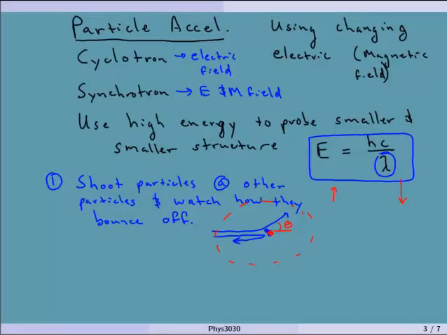The other way, which is sort of way more fun and a neat way to think about them, is that you can shoot them at each other. Okay, and it actually doesn't matter whether one is stationary or both are stationary. You're shooting them both at each other, but if you shoot them both at each other, you can get much higher energy.